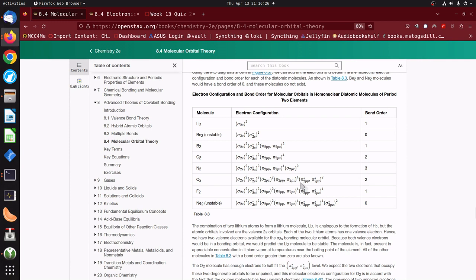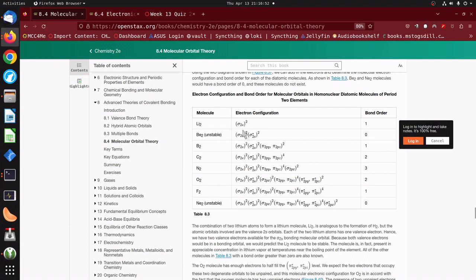And basically what we're going to try and do here is figure out how the atomic orbitals that these electrons are sitting in combine together into molecular orbitals that come in a couple of different varieties here. So we have our sigma orbitals, and those sigma orbitals are responsible for single bonds.